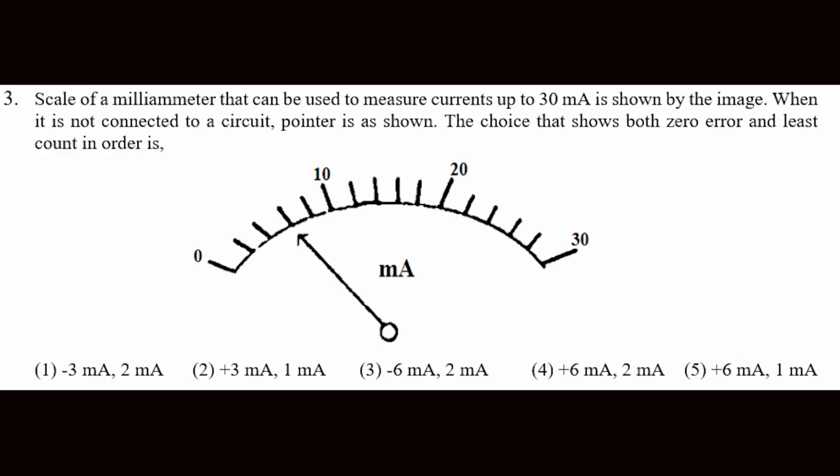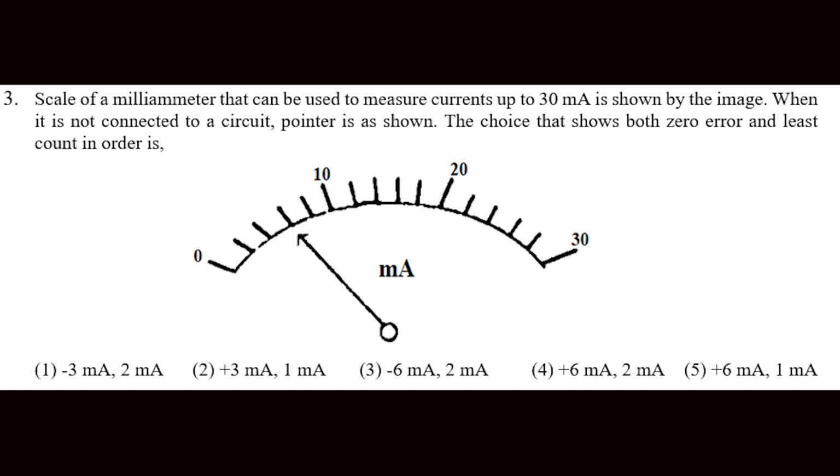Third question. The scale of a milliammeter that can be used to measure currents up to 30 milliampere is shown by the image. So we are given an image, the scale of a milliammeter. When it is not connected to a circuit, the pointer is shown.